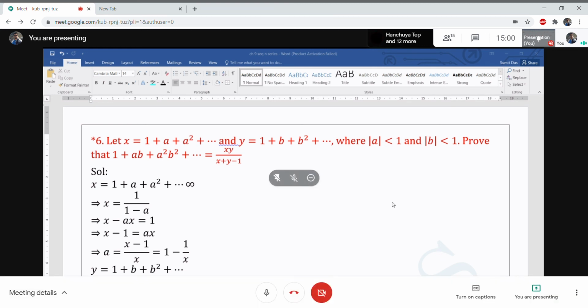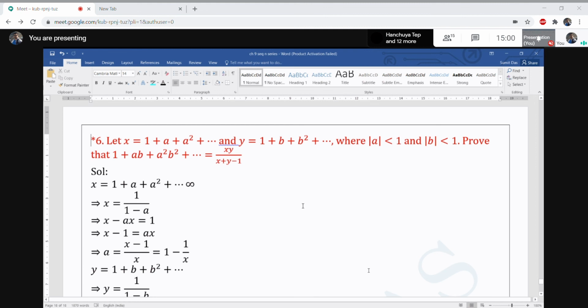If anyone has any doubt on any question, you can ask me now or ask me later also, no problem. And y equal to 1 plus b plus b square, and so on, where modulus of a less than 1 and modulus of b less than 1. Prove that 1 plus ab plus a square b square, and so on, equals xy divided by x plus y minus 1. This value we have to prove.